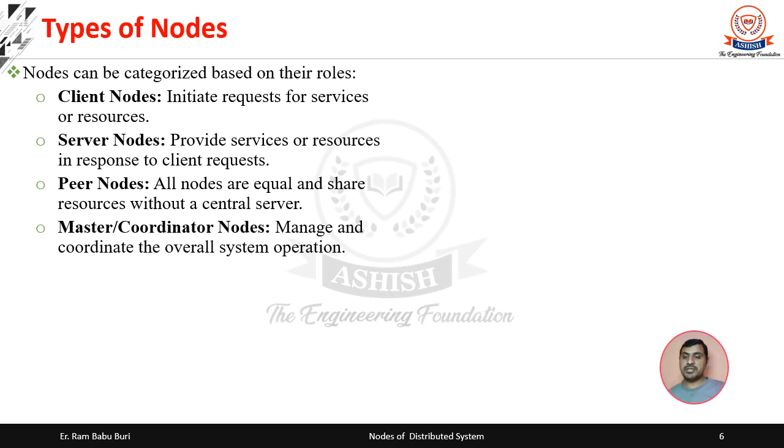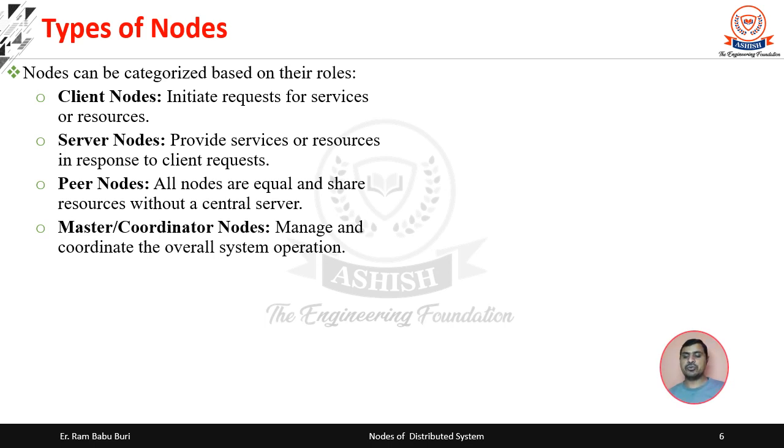Next is master nodes. Master nodes, another name is coordinator nodes, manage and coordinate the overall system operations. Example is a cluster manager in a high performance computing system, assigning tasks to worker nodes.